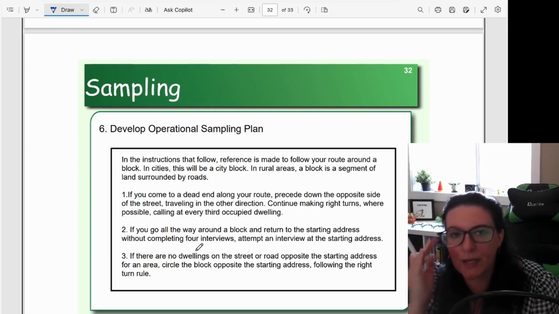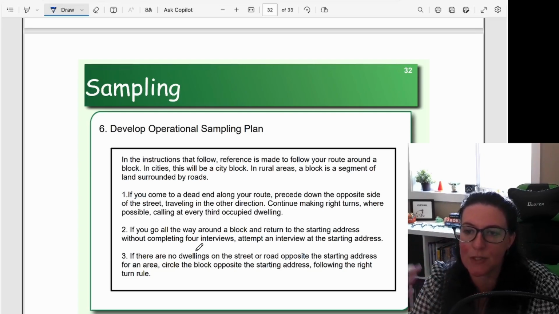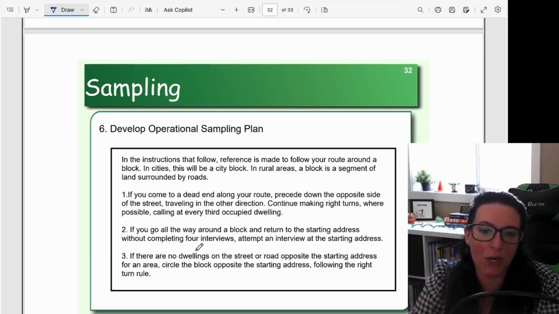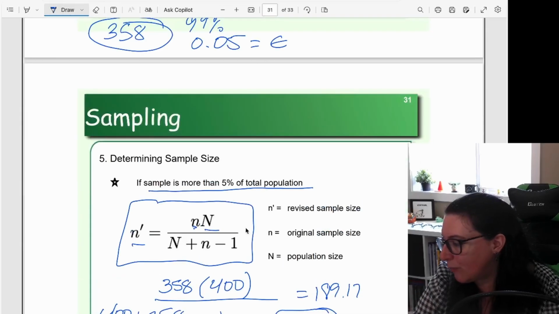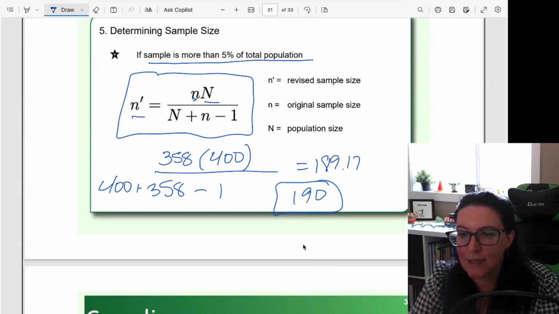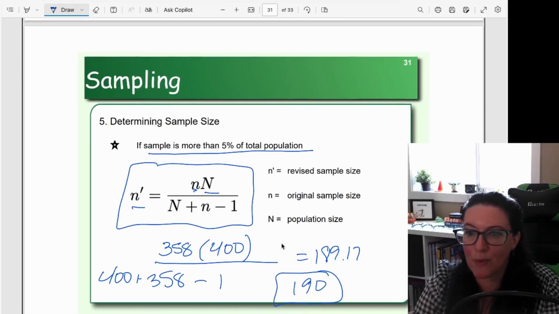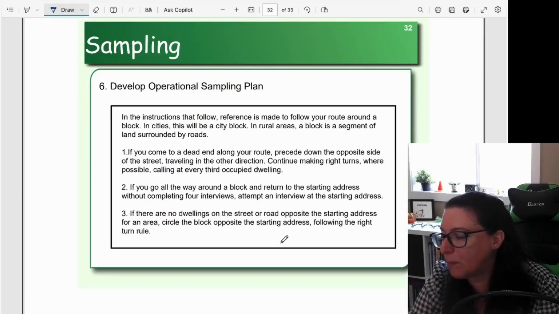So if we are doing like a face-to-face survey, so we have to send people out to houses, how do they actually go about collecting, if we're collecting 190 surveys and we are using whatever method we're using for sampling, how do we actually implement it?